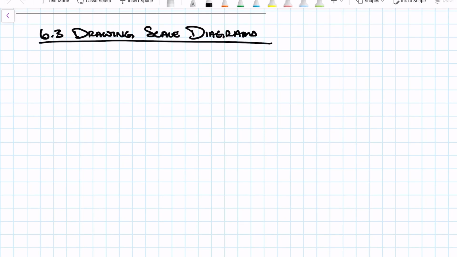Hello students, in today's notes we are going to be talking about drawing scale diagrams, and how the scale in a map compares to the scale of objects within that map. So fairly simple actually.